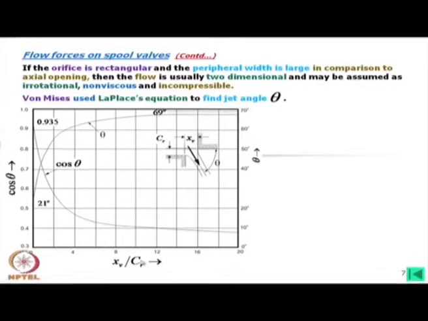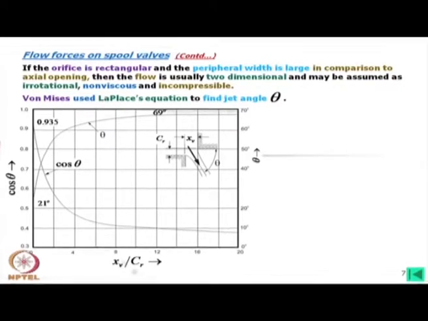Normally, x_b by c_r is in the range of 20. How much is c_r? I told you the clearance is about 25 micron. So, for practical purposes, when we open the spool, the opening has to be 20 times this clearance.